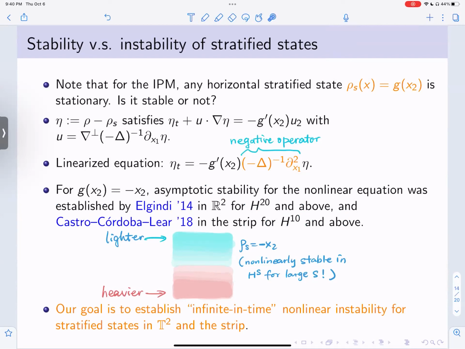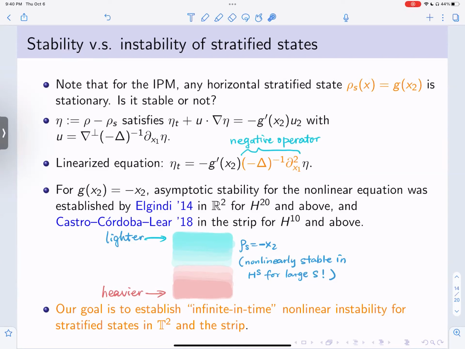Notice that, well, for any horizontally stratified state where rho s is only a function of x2, it is stationary. Right, because any such rho s corresponds to a constant zero velocity u, so of course it is stationary. And the natural question is whether it is stable or not, right?